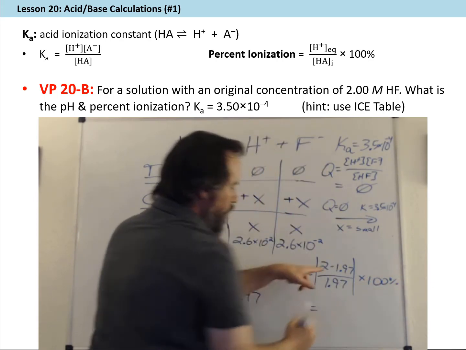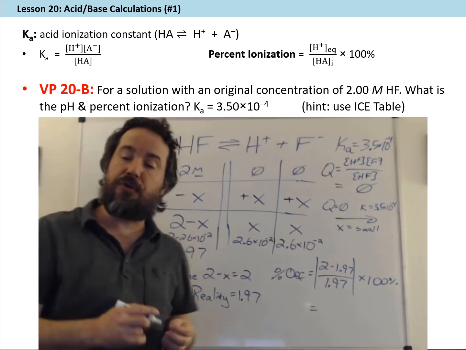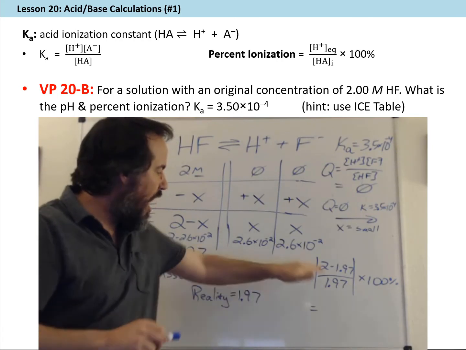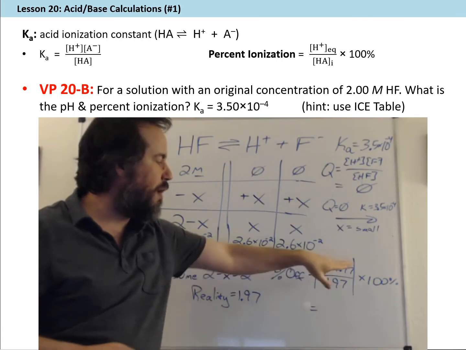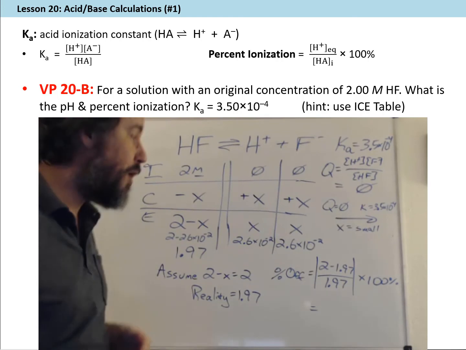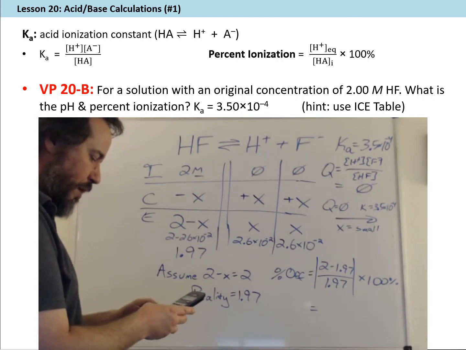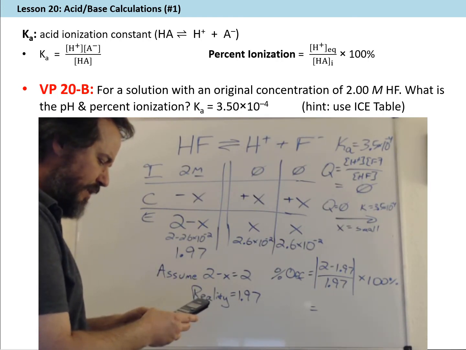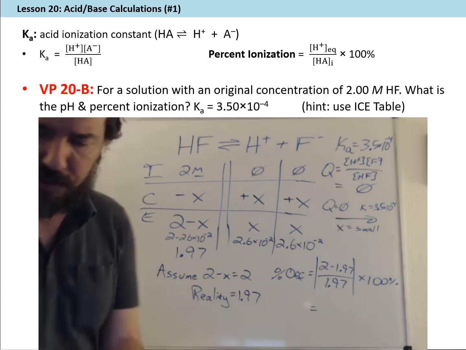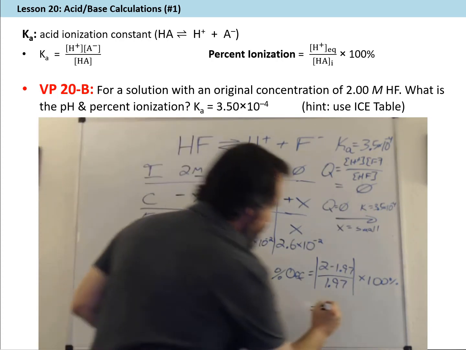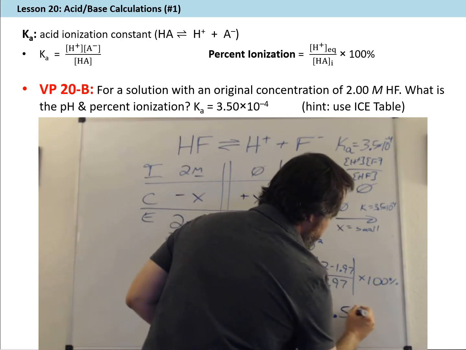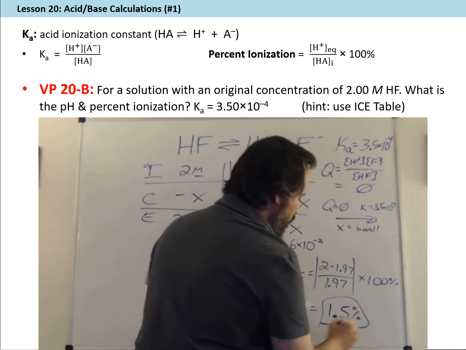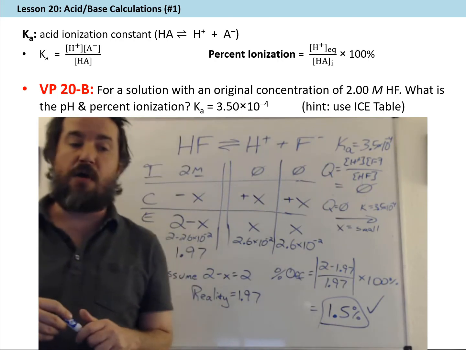Okay? We always want to make it positive, so I can just put the absolute value there. Or I just set it up so that 2 minus 1.97 will give me a positive. All right, 2 minus 1.97 divided by 1.97, and then multiply by 100%. I get 1.5%. Okay, so that means it checks out.